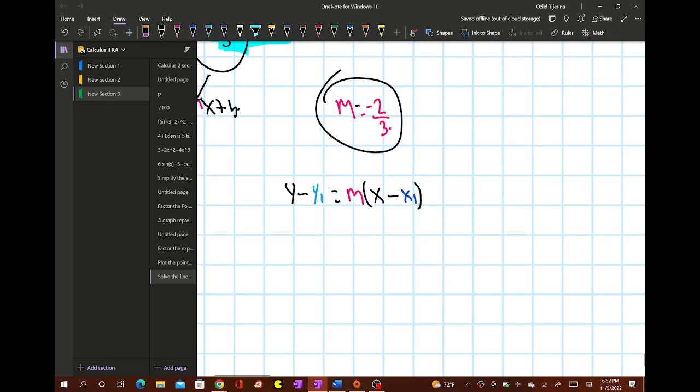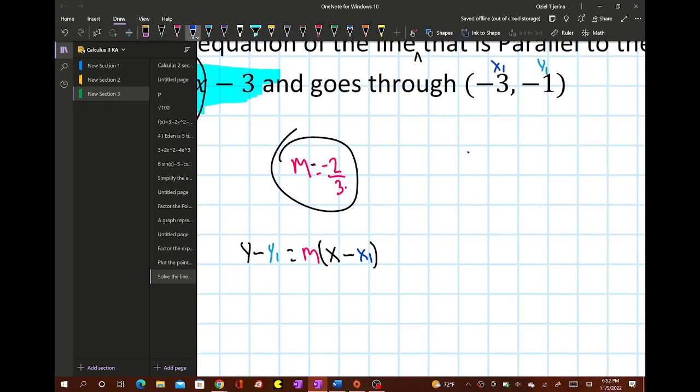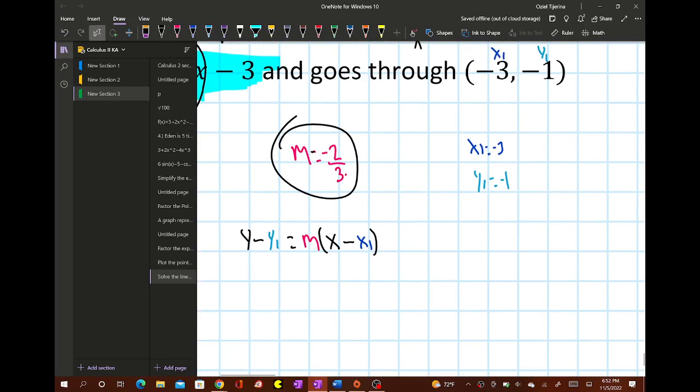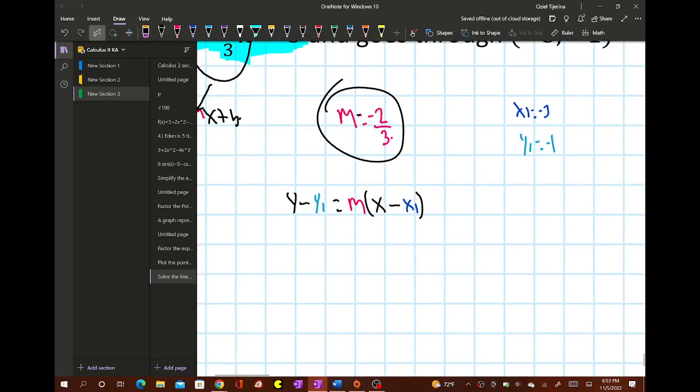Okay, so x1 is negative 3, y1 is negative 1, and my m, like I said, is negative 2/3. So I'm going to plug that in. So I have y minus negative 1 equals negative 2/3 times x minus negative 3.